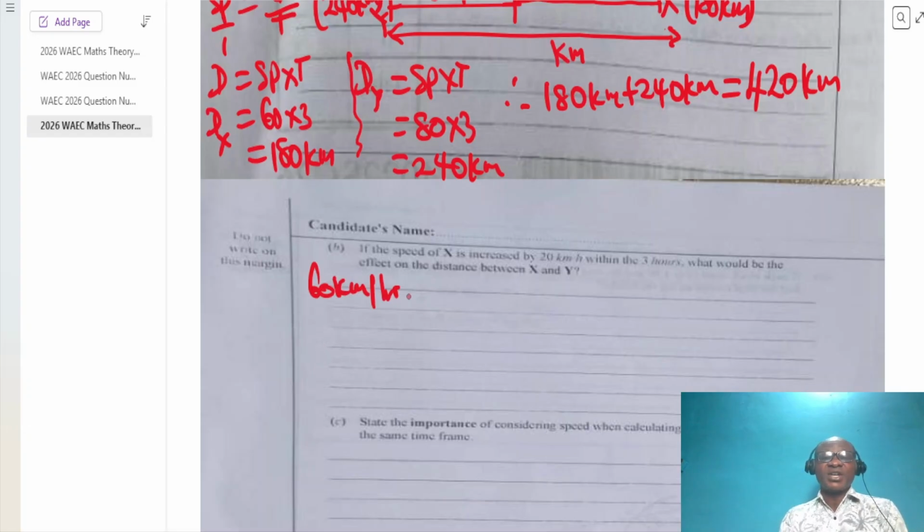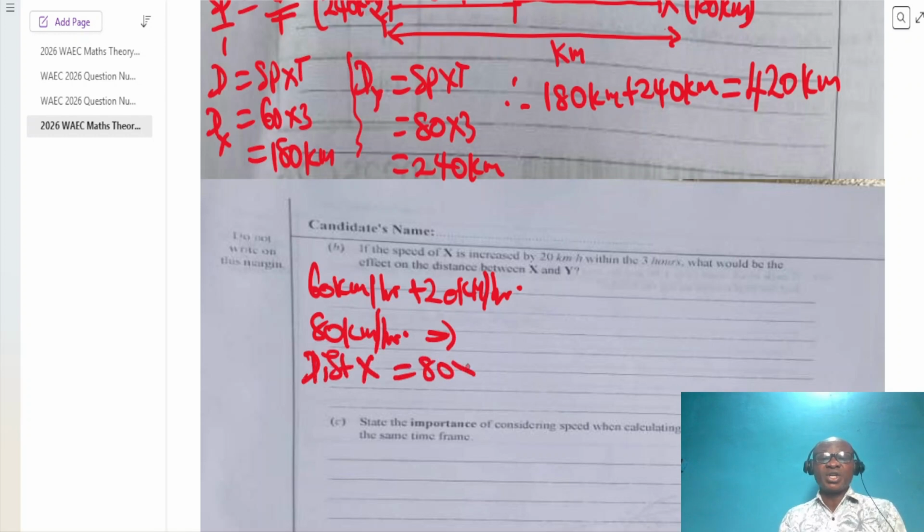Now, it is increased by 20 kilometers per hour. So what it means is that at the second instance, X must have moved 60 plus 20, which is now 80 kilometers per hour. The distance of X will now be 80 multiplied by 3, which will also be 240.